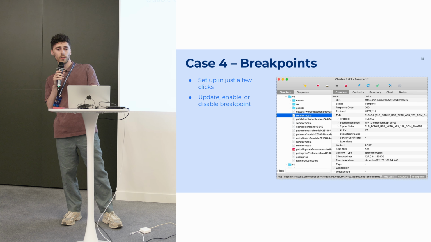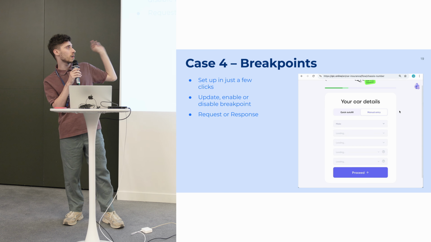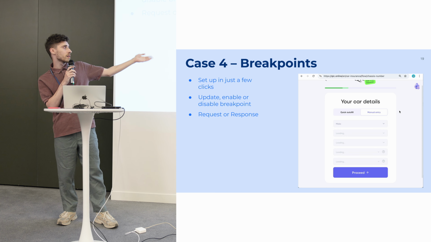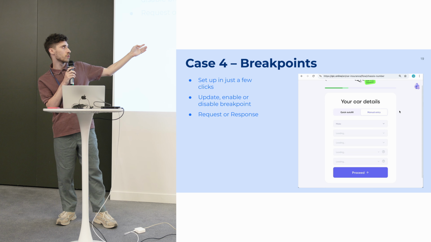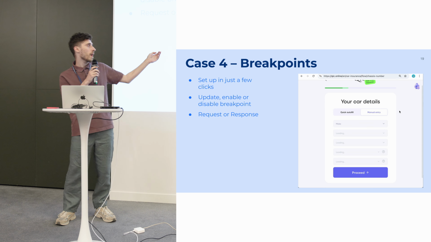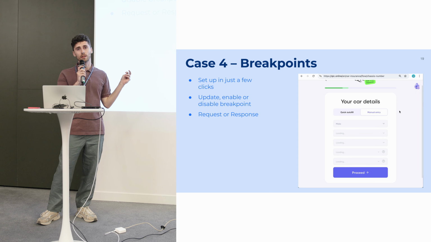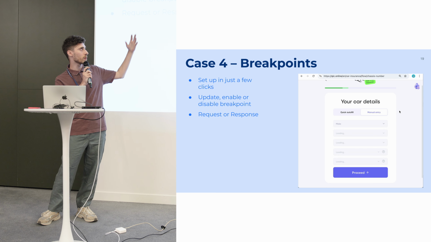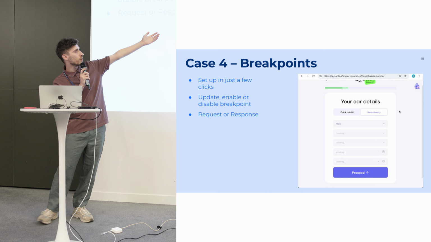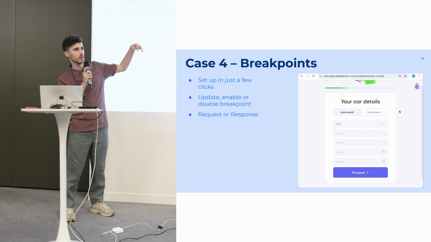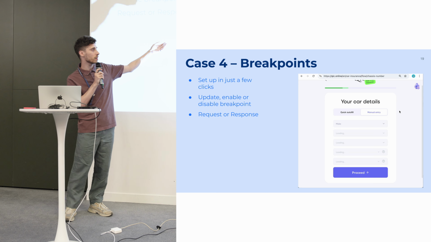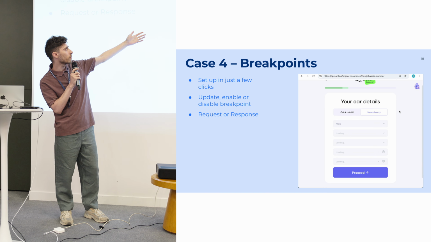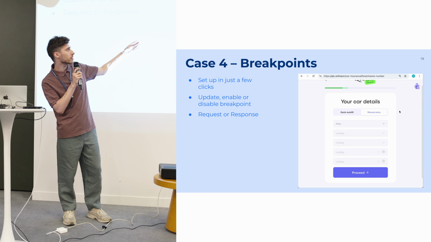And here is how it looks during the testing process. When I test my application through the frontend and the frontend sends a request for which I set a breakpoint, Charles Proxy will open immediately when this request is sent from the frontend. And here I can change some values I need to test.